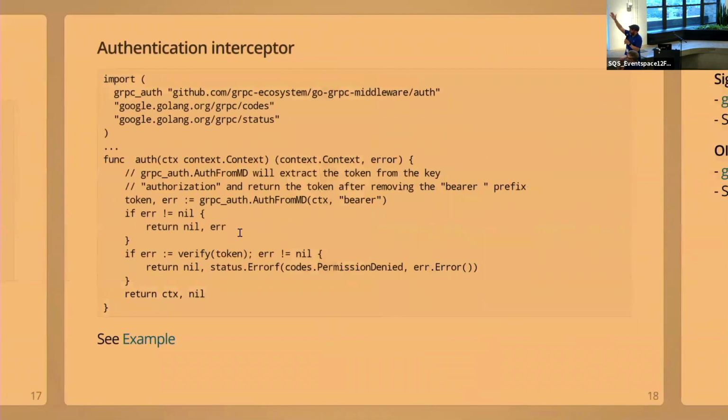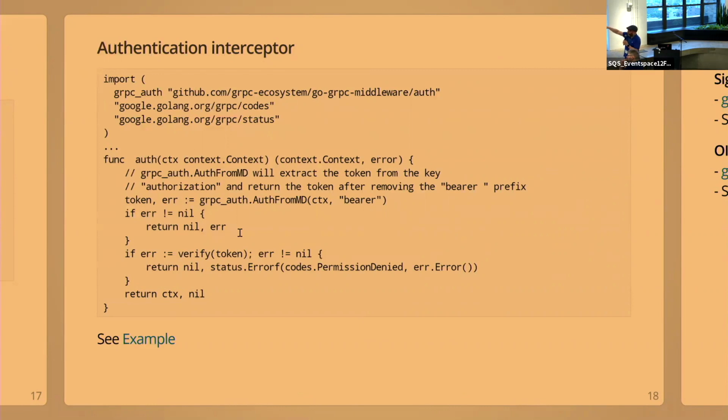So as an interceptor, you come in, you get called, some context gets passed to you, then grpc_auth.AuthFromMD pulls the token out of the context. Okay? Does that make sense? So now with this call, all your functions are being checked for the token as they get called.